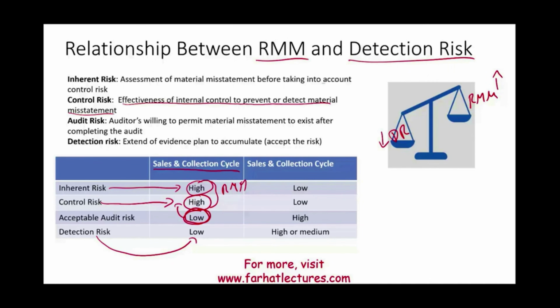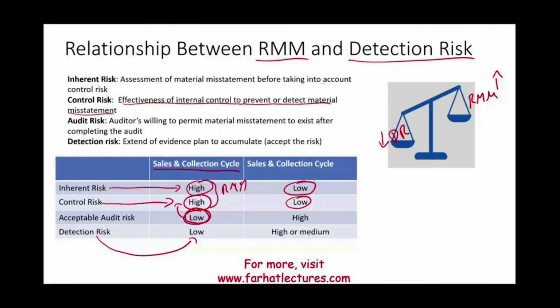Now, let's assume a company with a sales and collection cycle where inherent risk is low. Transactions are simple, everything is transparent, no need for judgment, no need for estimates. Inherent risk is low. Control risk is low too. The company has excellent controls. They monitor, everything is double checked, the system is working as expected.